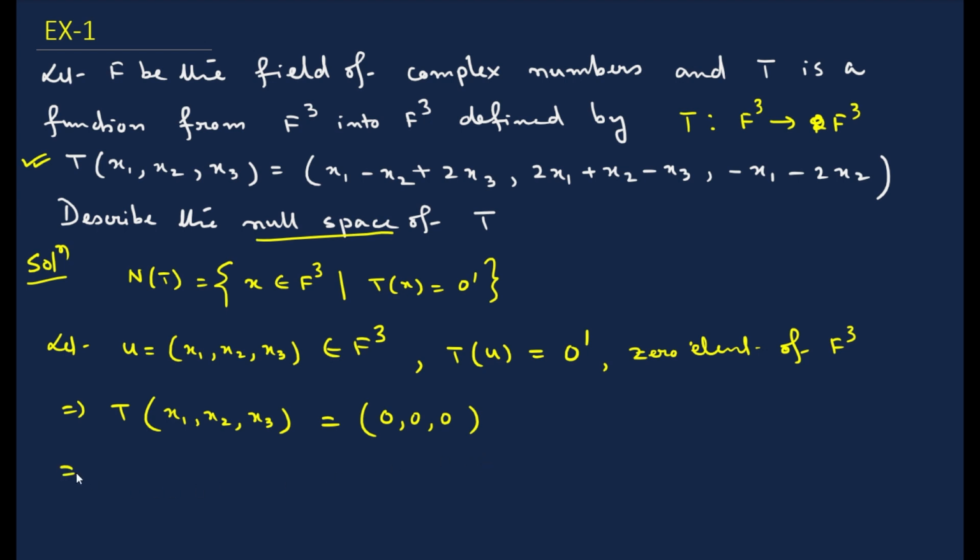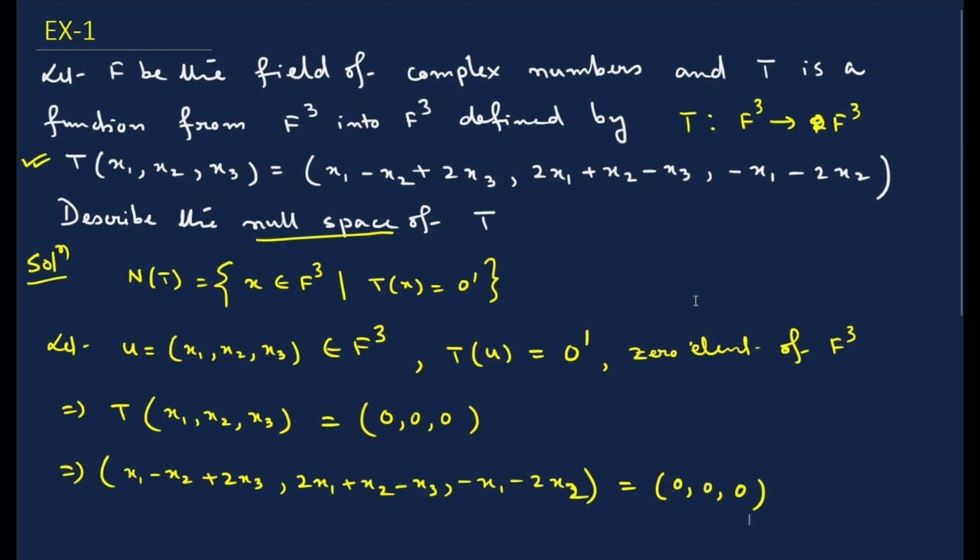Okay. So it's already given in the question what T of x1, x2, x3 is, right? So how much is it? x1 minus x2 plus 2x3, then 2x1 plus x2 minus x3, and minus x1 minus 2x2, there is no x3, equals our right side, which is 0, 0, 0.